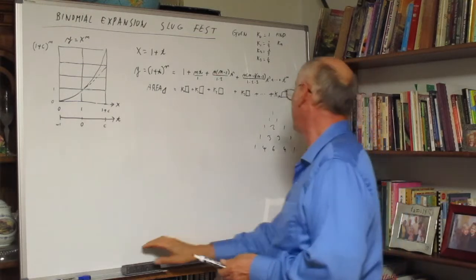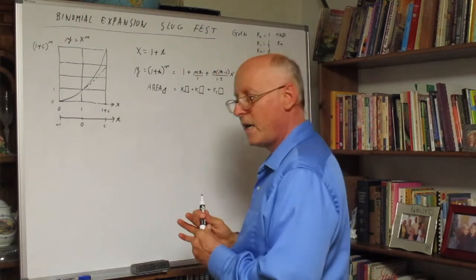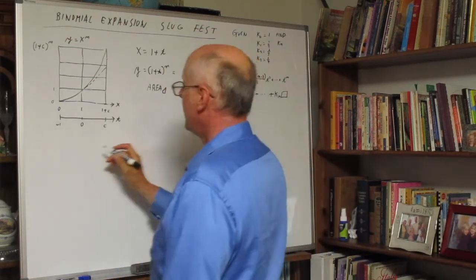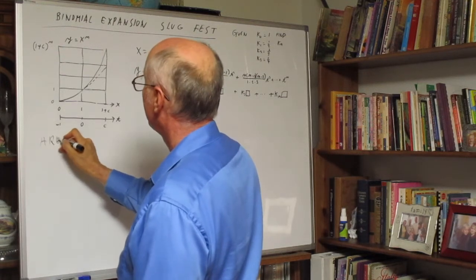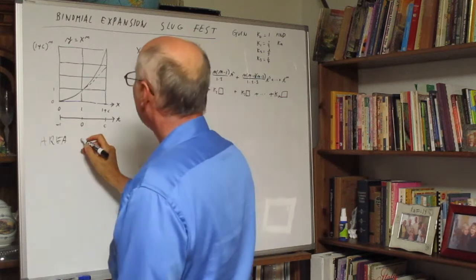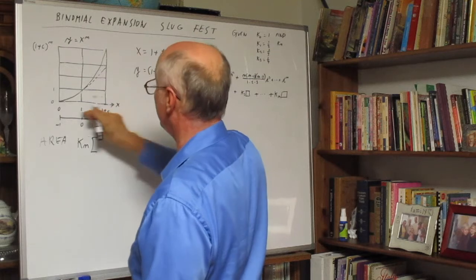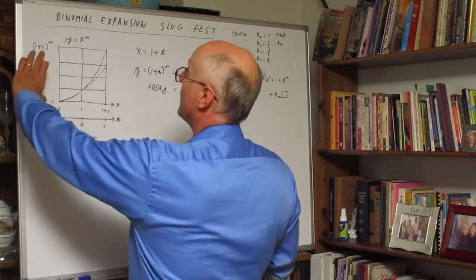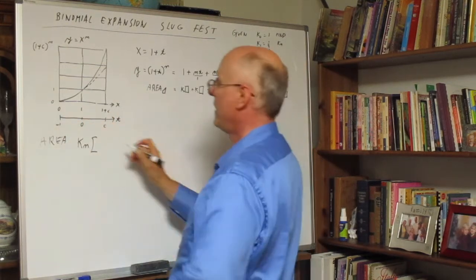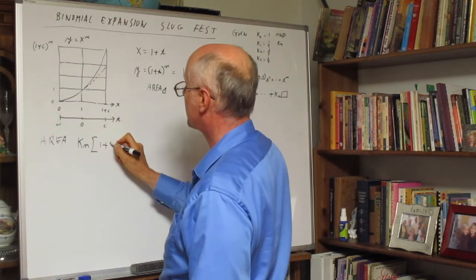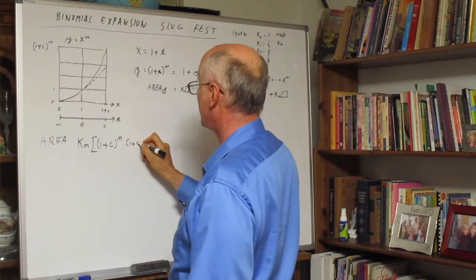So let's crank it. All right. Area from the x perspective. It will be K sub n times this whole big wedge, right? Well, that's really 1 plus c to the n times 1 plus c. You see that? 1 plus c to the n times 1 plus c.